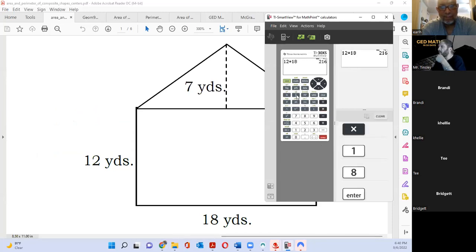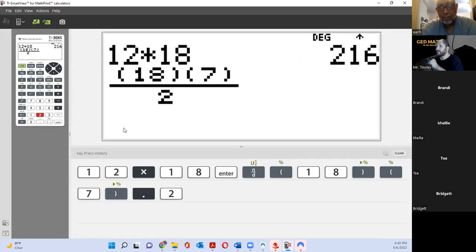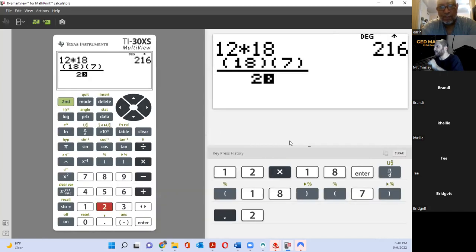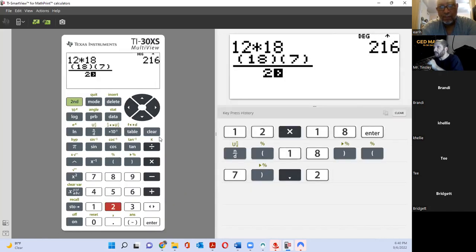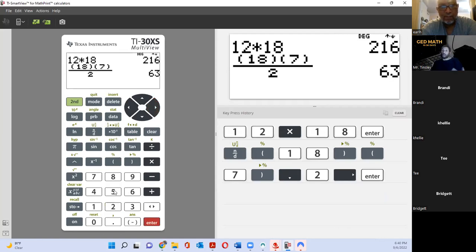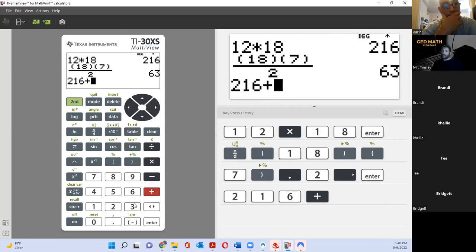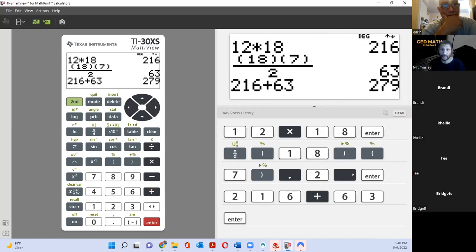And then I do 1/2, and on top, I'm going to have 18 times 7 in parentheses, because that's multiplication, and I divide by 2. Let me make this a little bigger so we can see it clearly. I get my second answer. Then I add that previous answer, so 216 plus 63. Now it becomes a question you can do in less than a minute.